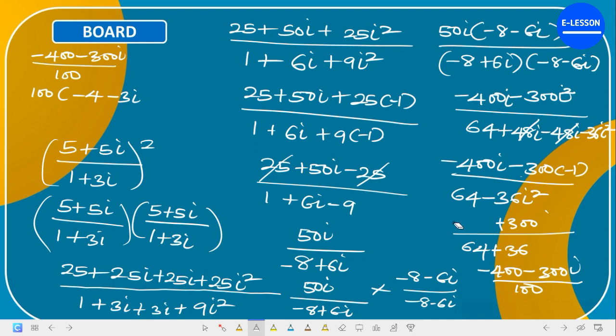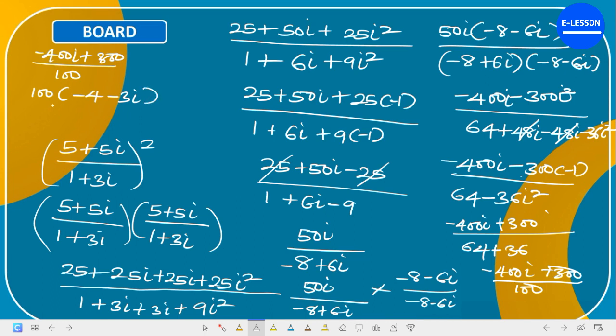And then we have 400i here, so here becomes minus 400i. Please take note of that. So what we are supposed to have here is minus 400i plus 300.